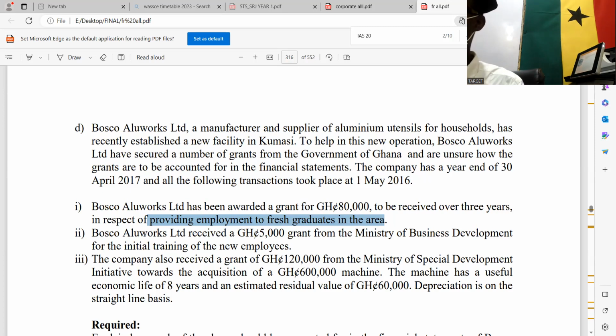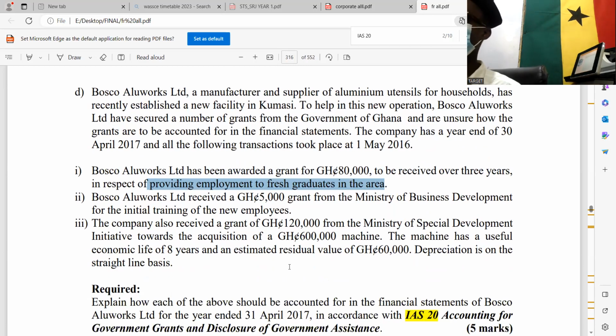The second grant: Bosco Aluworks Limited received 5,000 from the Ministry of Business Development for initial training of new employees. That also becomes a revenue grant. The last one: the company also received a grant of 120,000 from the Ministry of Special Development Initiative towards the acquisition of a 600,000 machine. The machine has a useful life of 8 years and an estimated residual value of 60,000. Depreciation is on straight line basis.